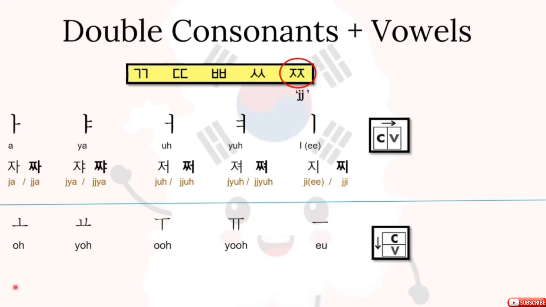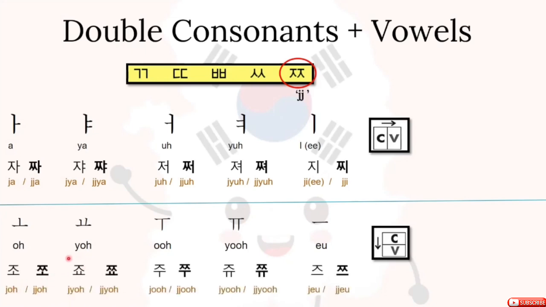Okay, good. Our next set of vowels, z and o becomes jo, and the double consonant j and o becomes jo, jo, jo. Next one, yo and j becomes jo, jo.